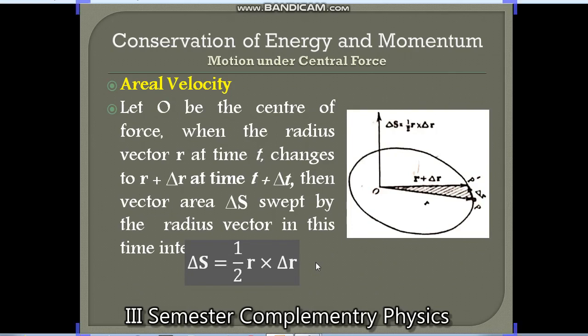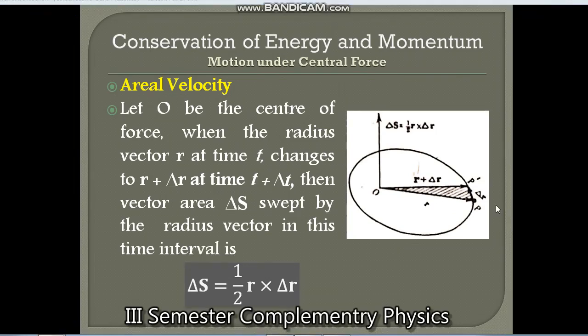Now the second one is the concept of areal velocity. Let O be the center of the force, and suppose a particle moving under the central force is moving from a point P to a point P dash, and at the point P the position vector of the particle is r. At the point P dash the position vector is r plus delta r.